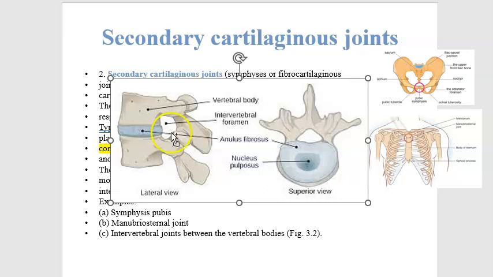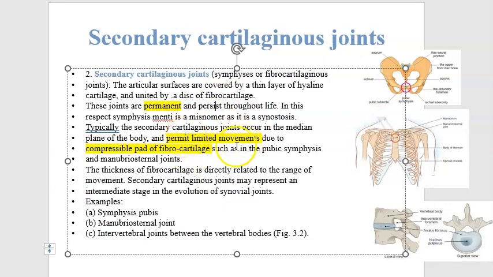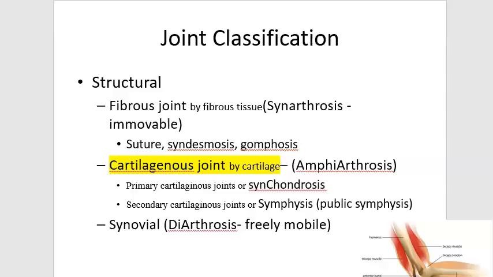The whole point of a secondary cartilaginous joint is that it should permit limited movement. Okay, super. So you have finished cartilaginous joint types with examples. Primary, that is synchondrosis, examples given between epiphysis, diaphysis, etc. Secondary cartilaginous joint or symphysis, example pubic symphysis.